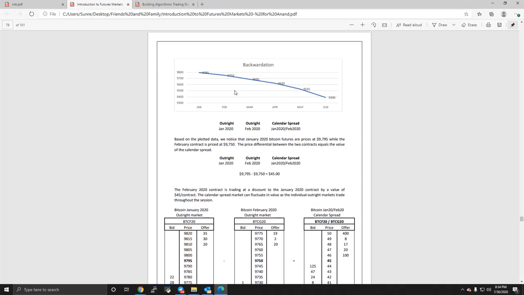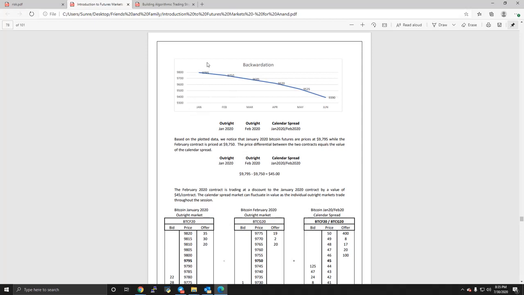What might be some reasons for a futures market complex to trade in a backwardated structure? There are many speculative reasons that a trader or a market participant could come up with. One that is worth focusing on is spot market demand.